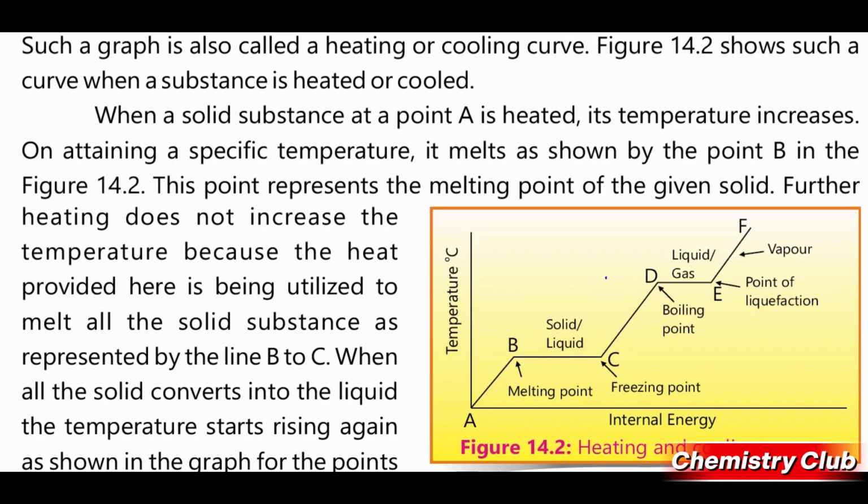The graph from A to F is called the heating curve, because in this case temperature is being increased from A to F. The same thing we can see in the reverse direction from F to A, and it will be called the cooling curve, because in this case temperature is being decreased and the substance will be converted from the vapor phase to the solid phase.